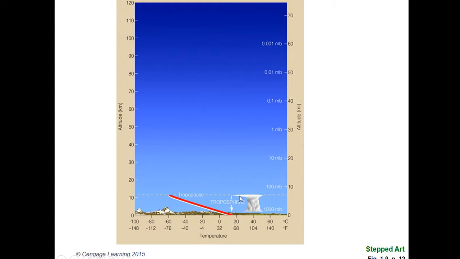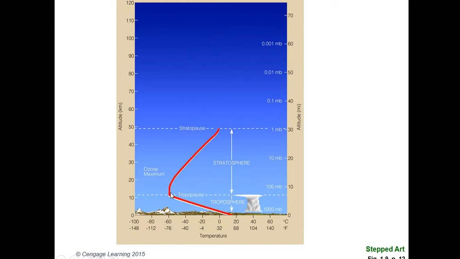But that cap is formed because of the change in temperature that happens above this layer. And so, since this is the layer where all of the action happens, where all of the weather that we know of occurs, we call that the troposphere. Where the temperature stops decreasing is called the tropopause.